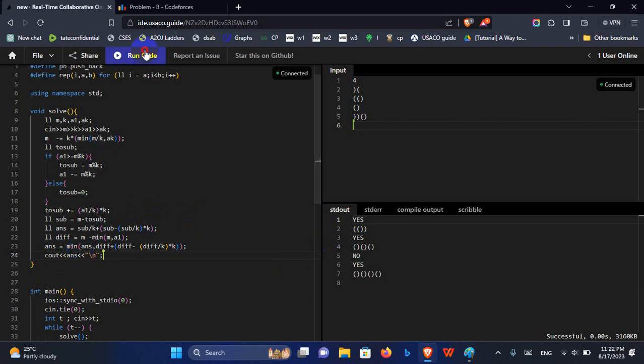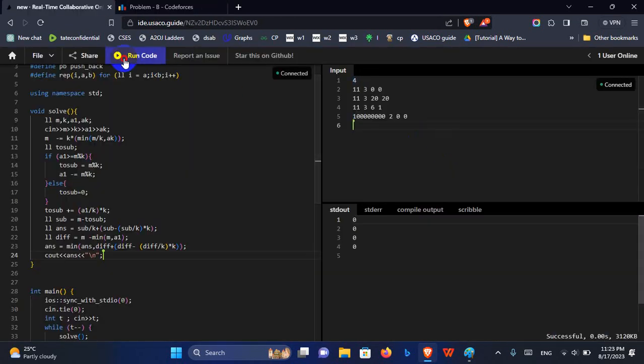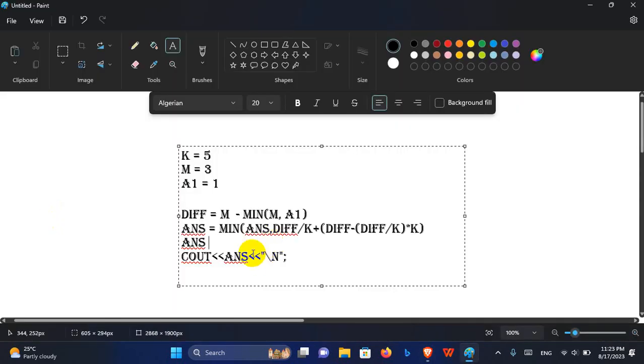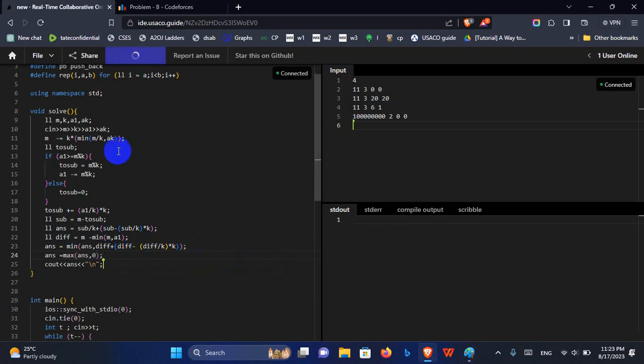You will see for some of them we will actually get -6. So here we got -6, actually it was 0. So it's an easy one. Answer would be the maximum of answer and 0. So now we are done.